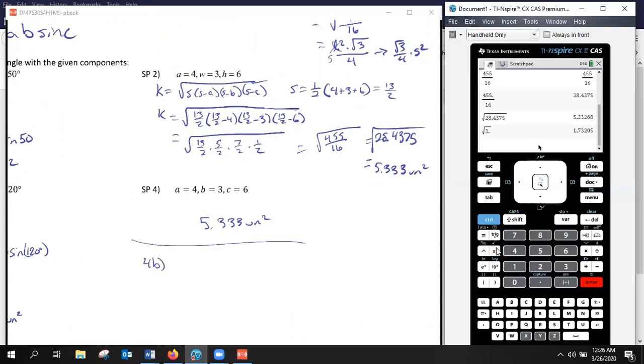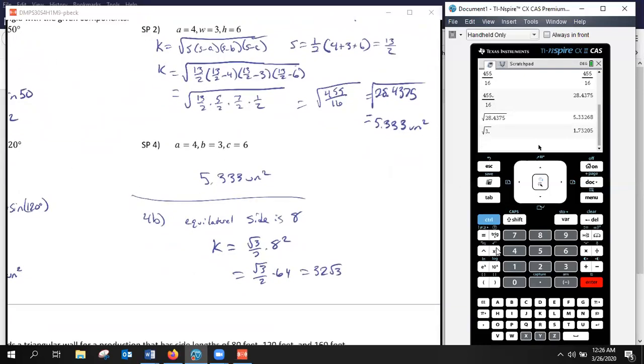What happens if this is equilateral and the side length is, let's call the side length 8. Then our area is going to be the square root of 3 over 2 times side squared. So that would be the square root of 3 over 2 times 64, or 32 square root of 3.